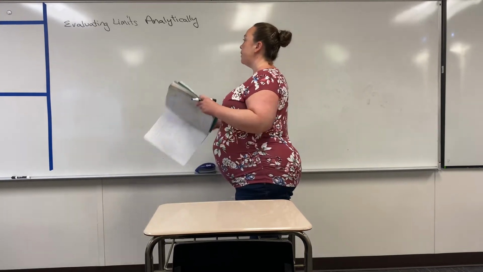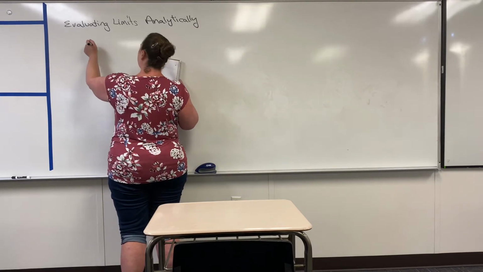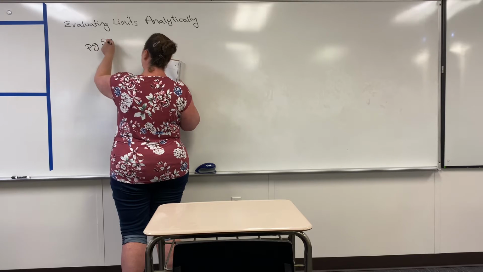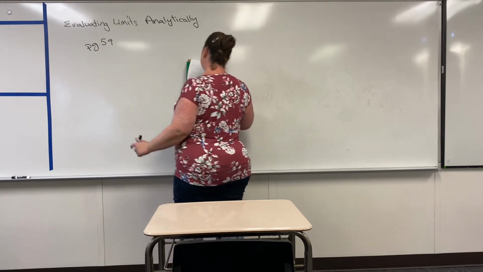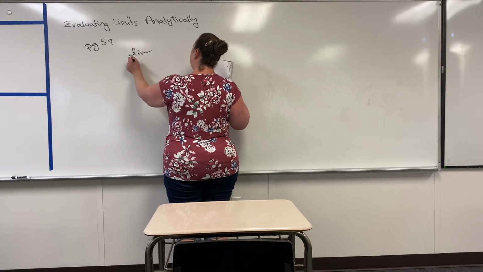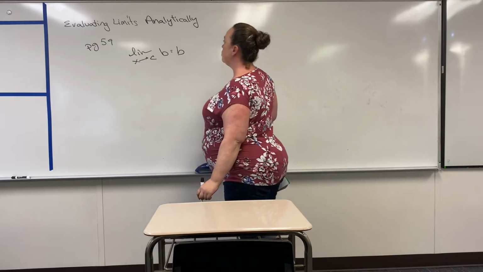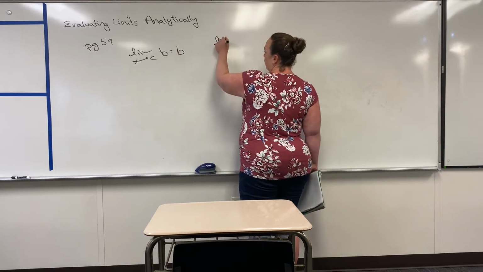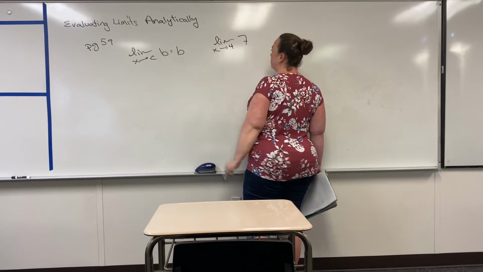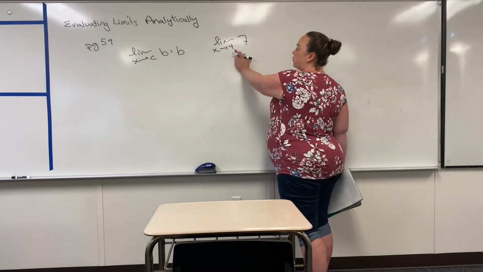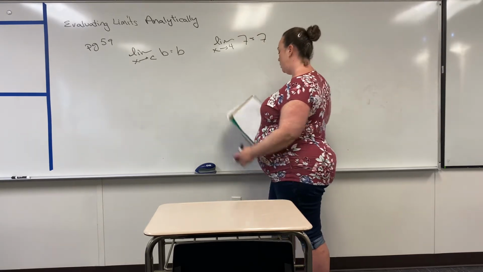So if you look at page 59 in your book, if you have the digital version of the book, I think you can still look it up by page, otherwise we're in 1-3. It's 59. A few things: the limit as x approaches c of b is b. What that means with an actual function, if you have the limit as x approaches, say, 7, doesn't matter what you're approaching, 7 is going to be 7 until the end of time, okay?